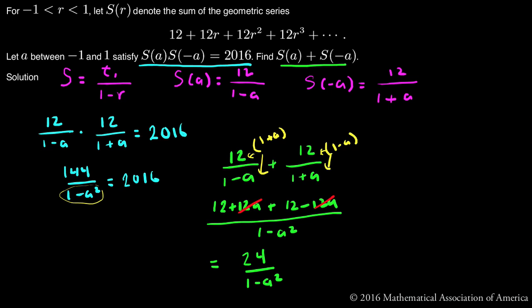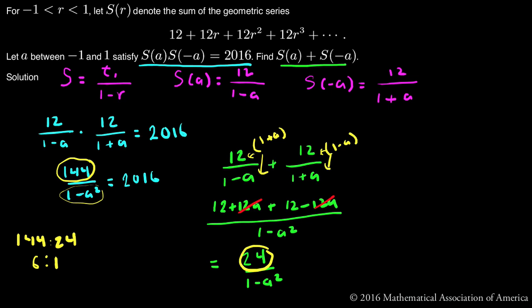I knew that I had 144 over 1 minus A squared. I wanted to find what 24 over 1 minus A squared was, so I knew that the ratio 144 to 24 was in a ratio of 6 to 1. I actually saw that 144 is 12 times 12, so it'll be 24 times 6. That's how I saw that.